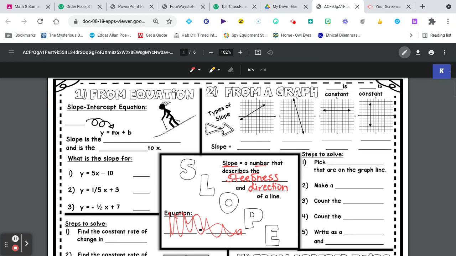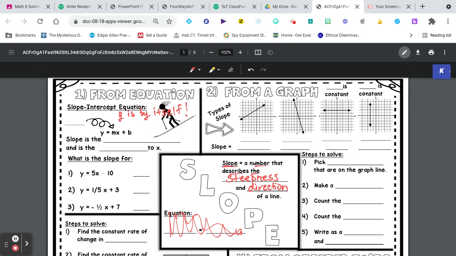So I'm going to go back up to number 1. To find the slope from an equation, all you need to do is have your equation in what we call slope-intercept form. Slope-intercept form is when you have y by itself. Since we're in summer school, I'm just going to stick with those that already have y by itself.